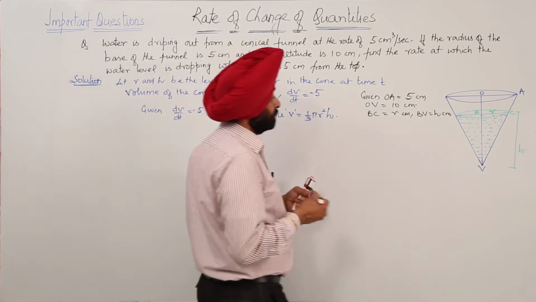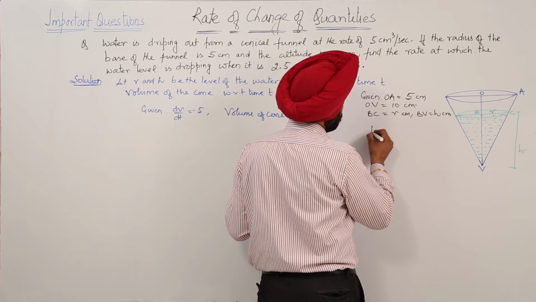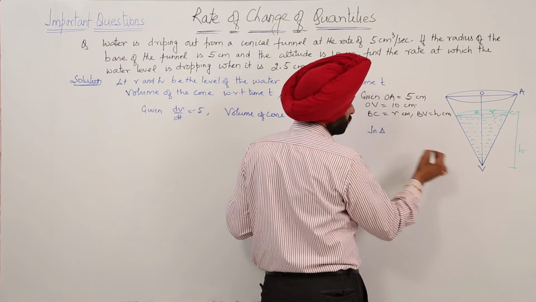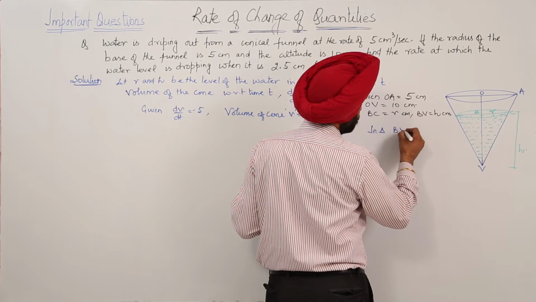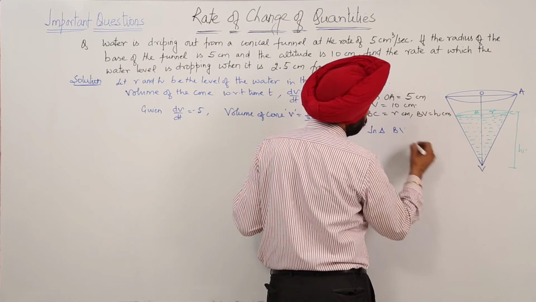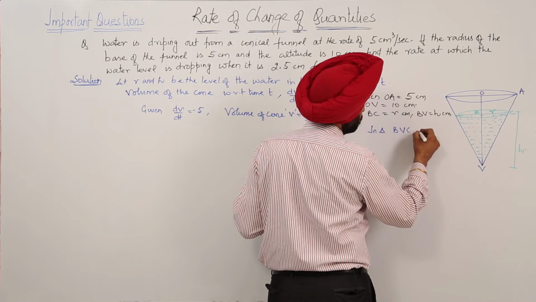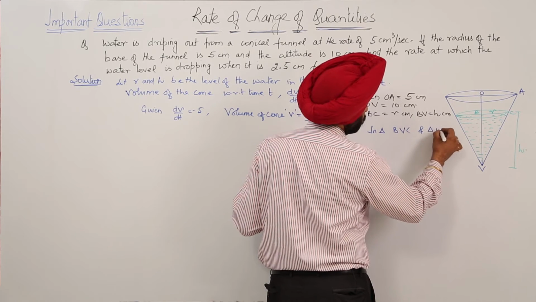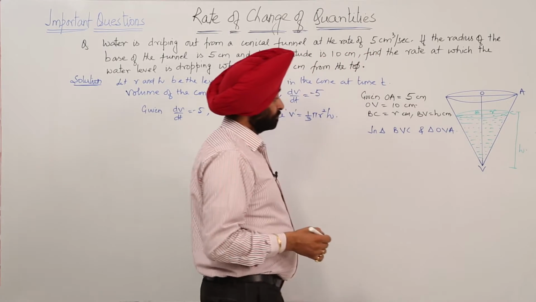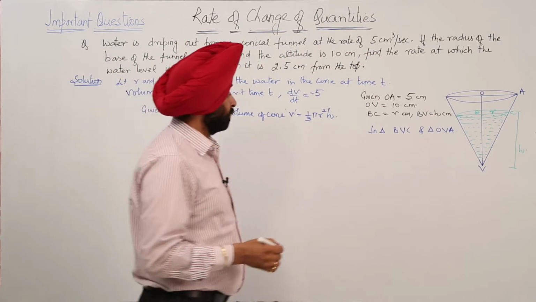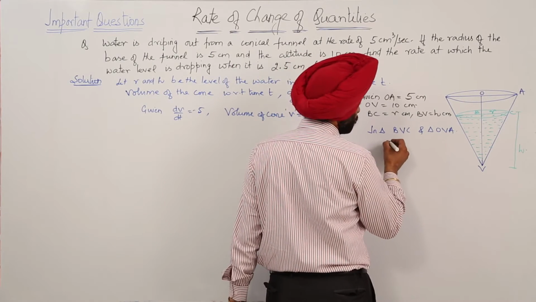Now let's check it. Now here in triangle B, V and C, and triangle O, V and A, we are having two triangles. So what we can write now?